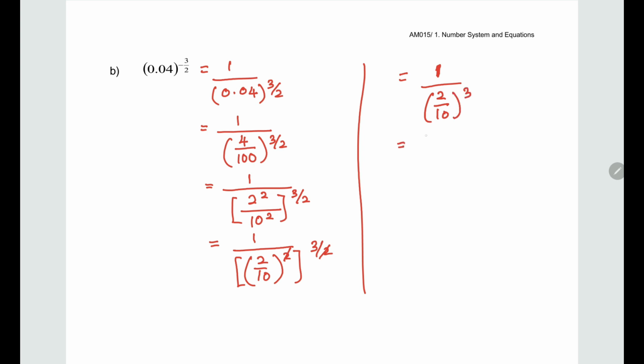After that, 1 divided by (2/10) cubed. We change 1 divided by 2/10 to times 10/2 cubed, so we get 5 cubed. The last answer is 125.